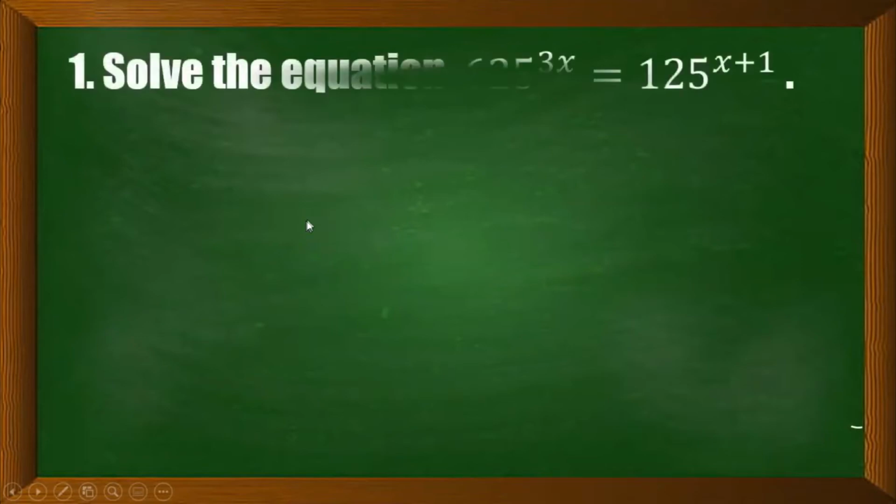What is our first example? This one. Solve the equation 625 raised to 3x equals 125 raised to x plus 1. Notice that 625 raised to 3x and 125 raised to x plus 1 are examples of exponential functions.